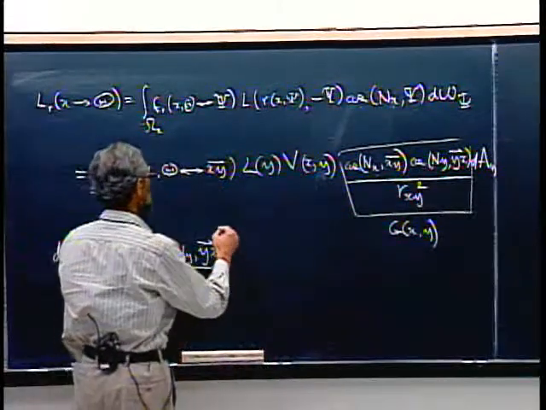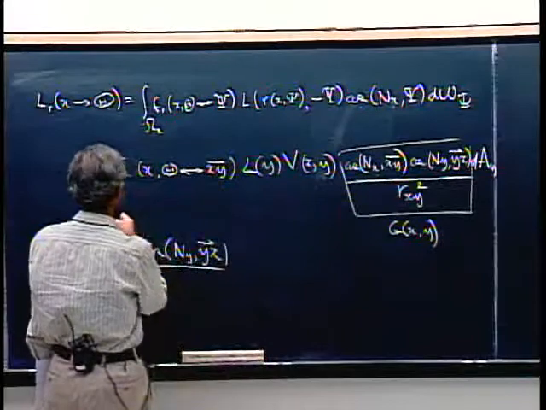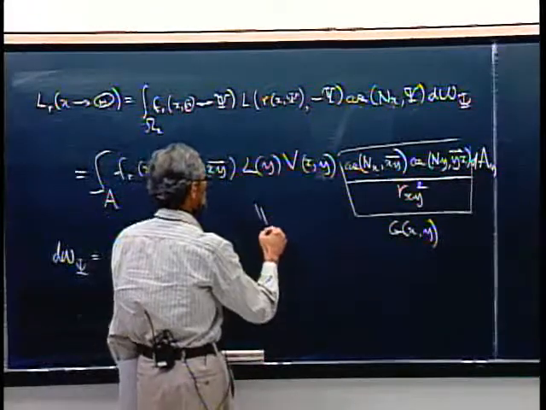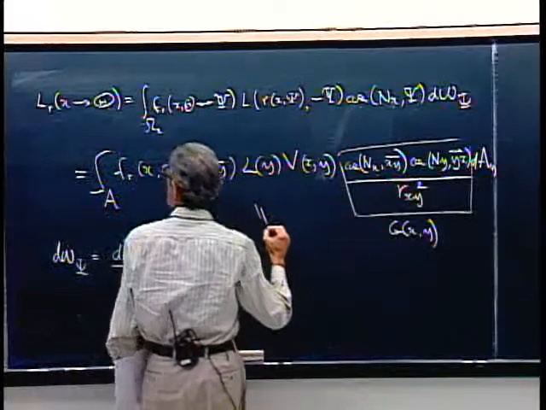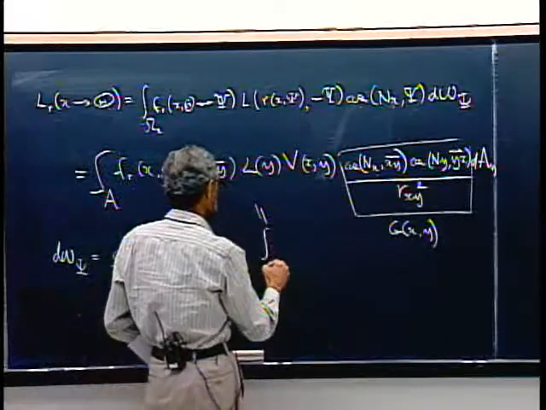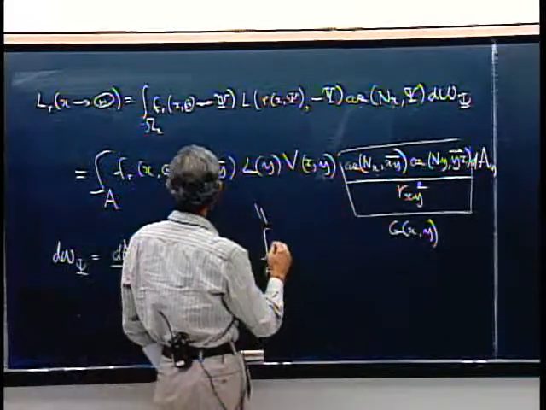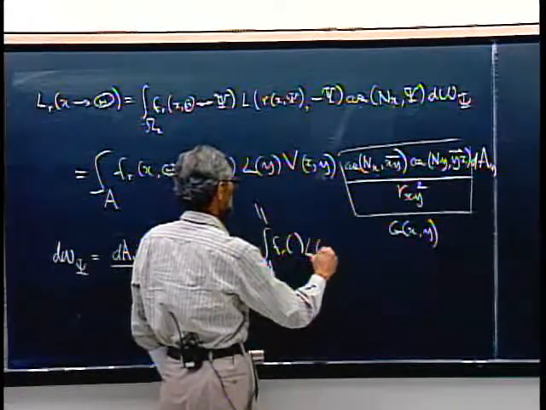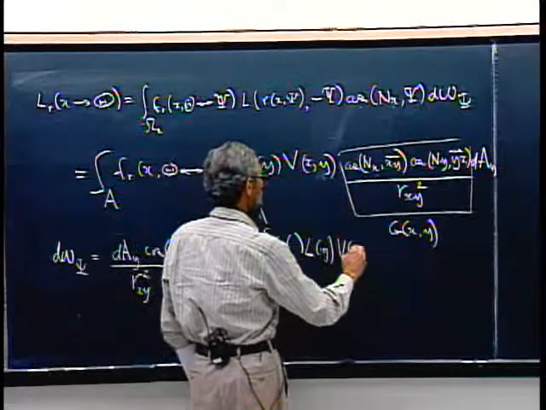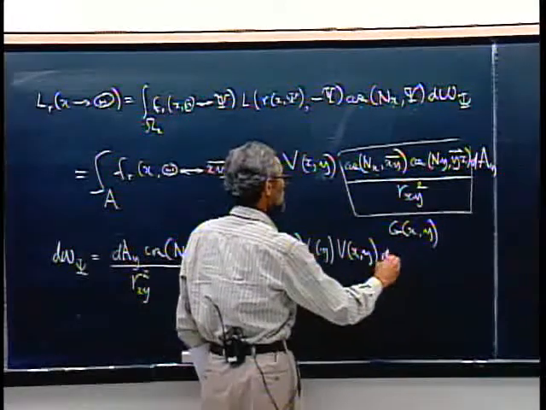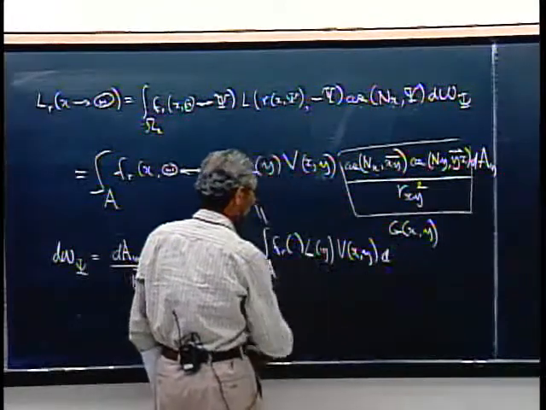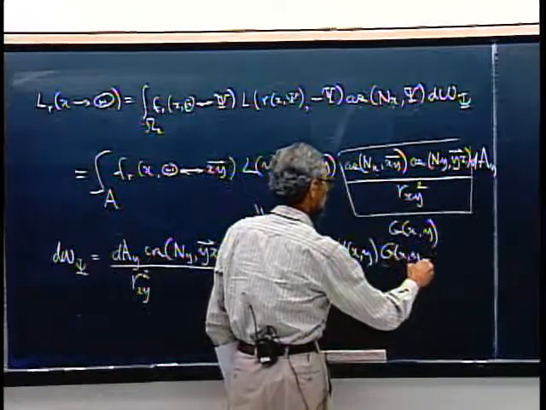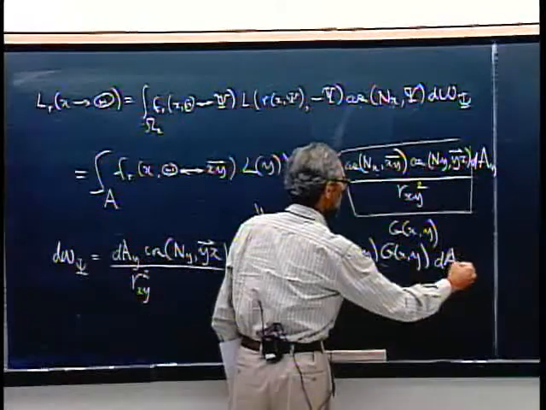So basically, if I grouped all that as a geometry factor, I would just get for my Lr the integral over all surfaces of this bidirectional reflection function times Ly, Vxy, capital Gxy, dAy.